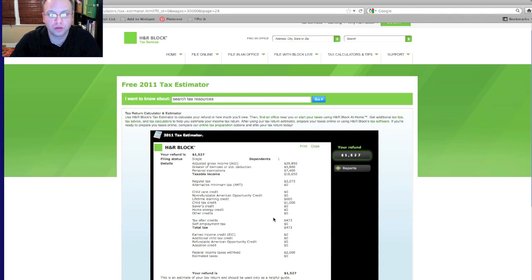What I would recommend doing is getting your pay stubs out and getting out a record of any charitable donations you had in the year, any other medical expenses, things like that, so you can enter it into the system and get an accurate estimate. And look at last year's tax return, because the information on that return should be pretty consistent with this year.